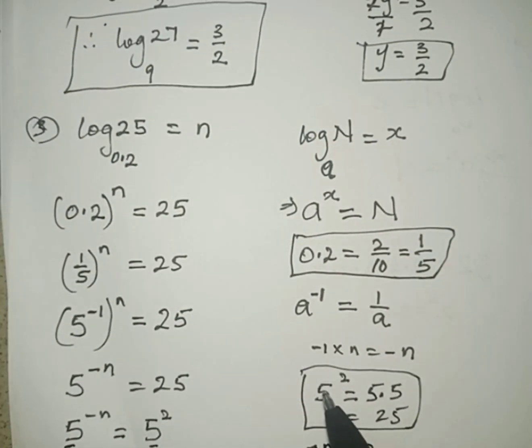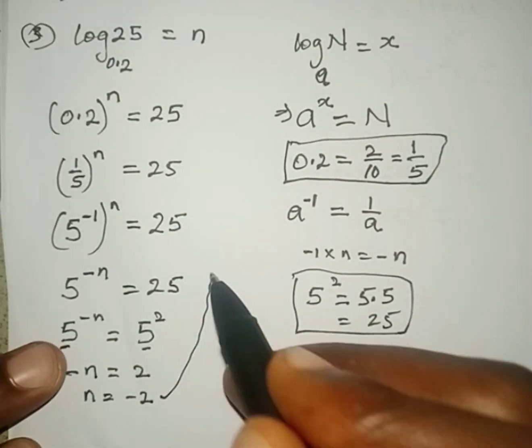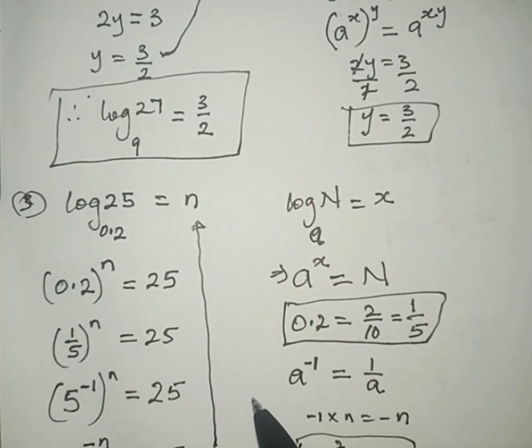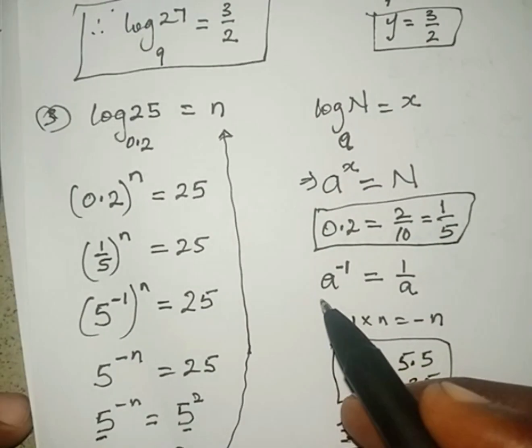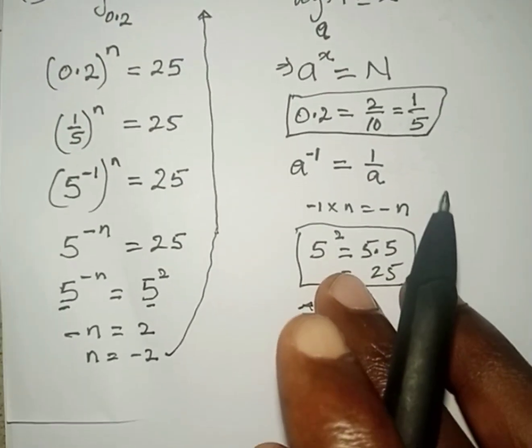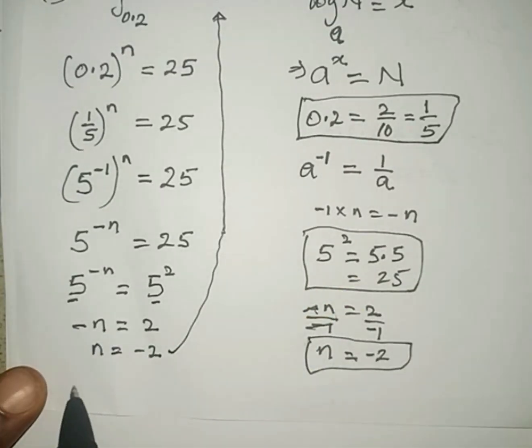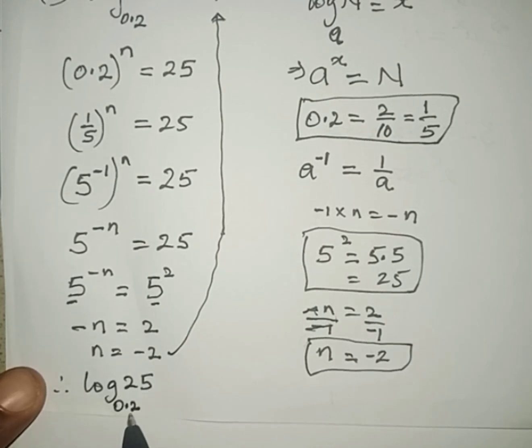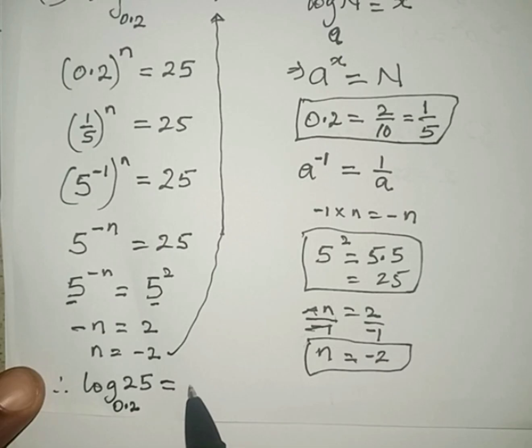So remember n here equals log 25 base 0.2. So from there we can simply say that therefore log 25 base 0.2 is equal to minus 2.